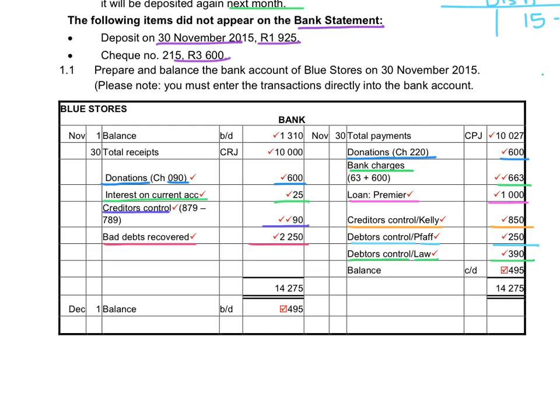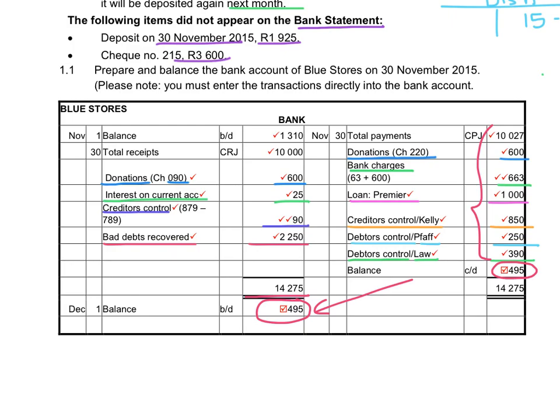So I will add up the debit side, see what is the total, subtract all these figures on the credit side, and work out what is my balancing figure. That balancing figure will be brought down on the debit side on the first day of the next month.